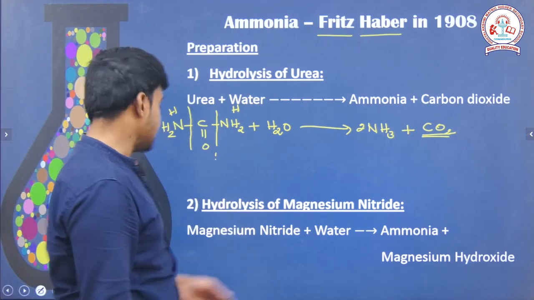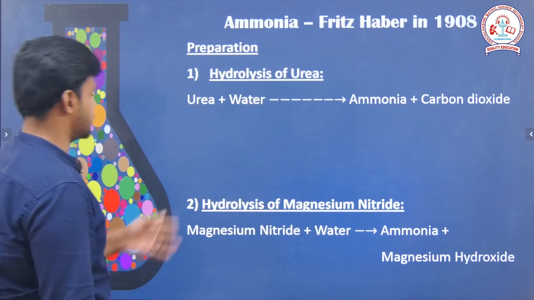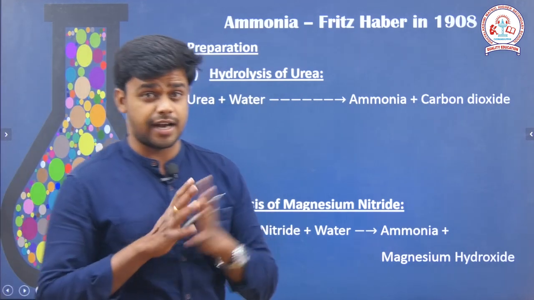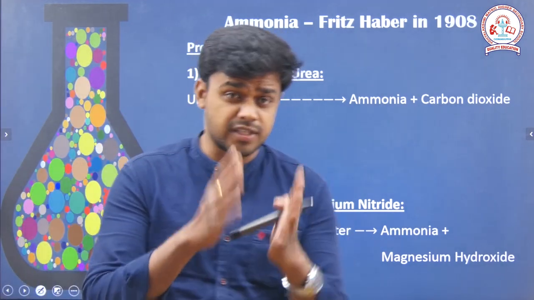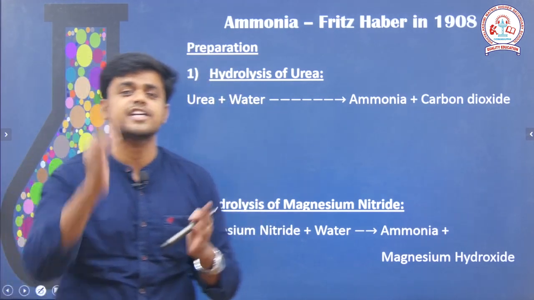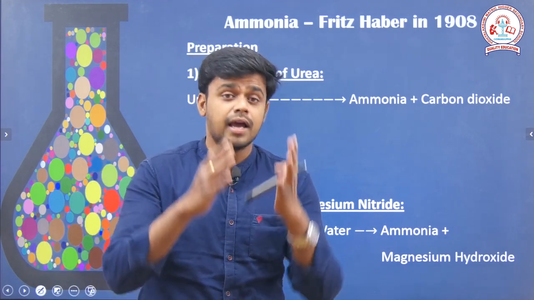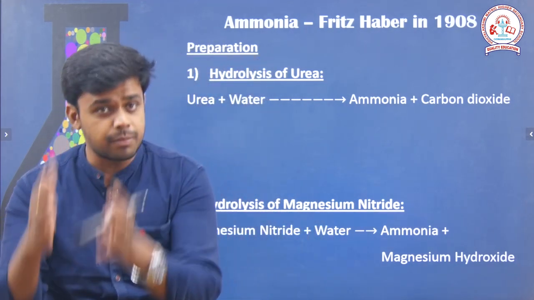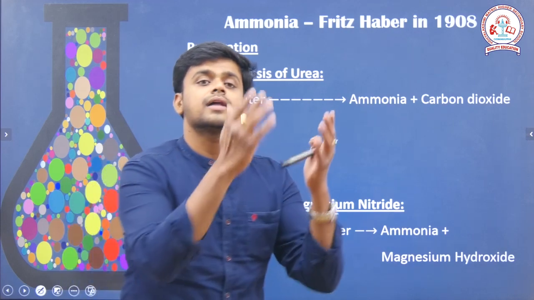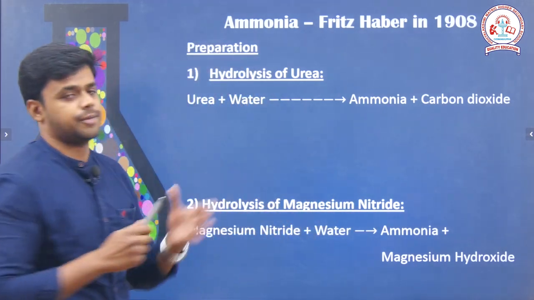Then the second process is hydrolysis of magnesium nitride. Magnesium is an alkaline earth metal which belongs to group 2 and comes under the category of s block elements, which means we are able to prepare a compound of the p block element from a compound that has been formed by an s block element, magnesium.